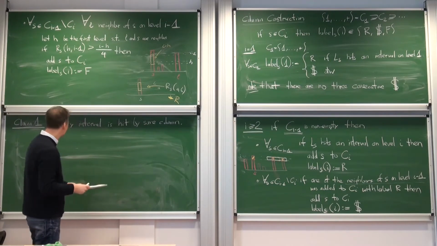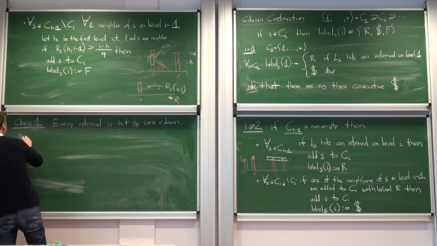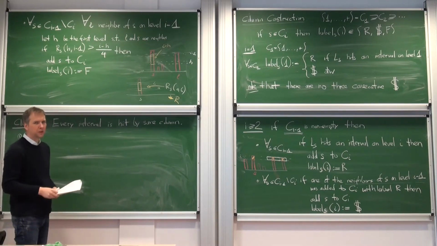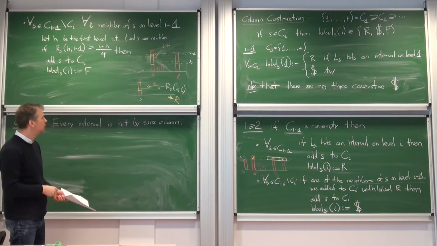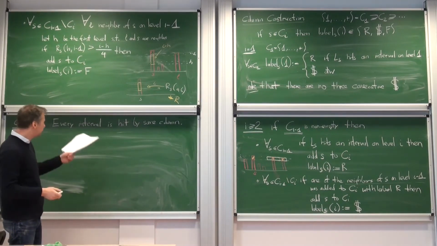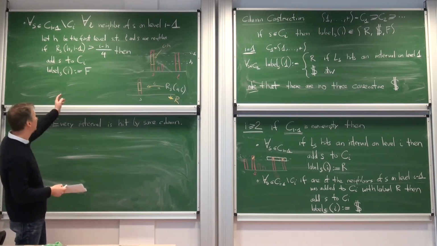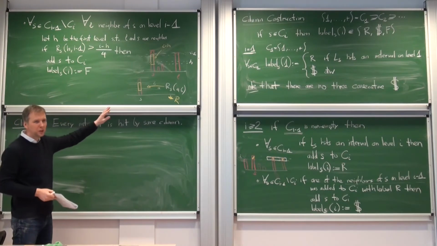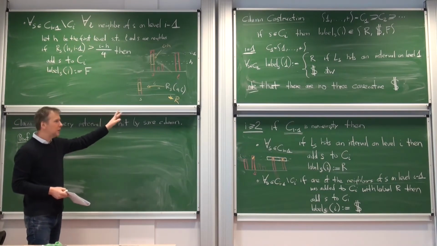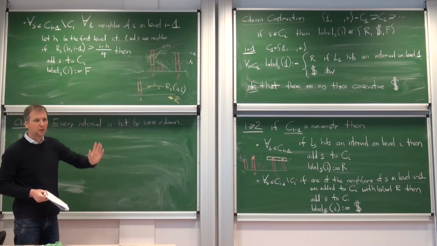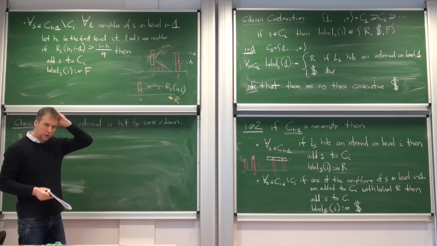So we're going to prove, and let me mention it before we are actually proving it, you can keep it in mind, that to have this property we don't need actually the third rule. We don't need F's at all. It would be enough to just work with R's and dollars, and the column would grow to hit all the bricks. Yeah?